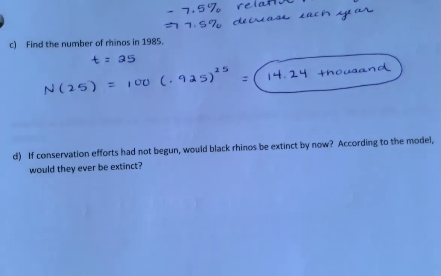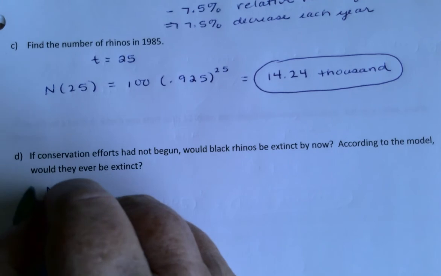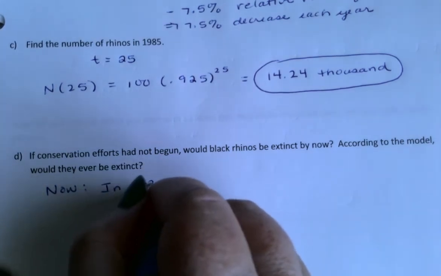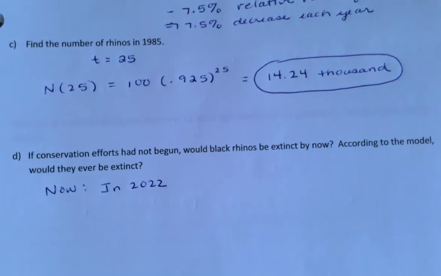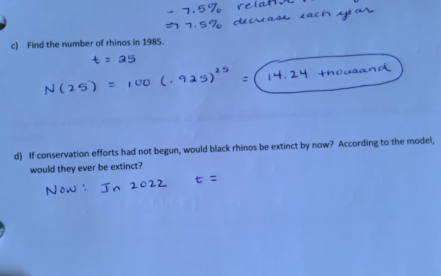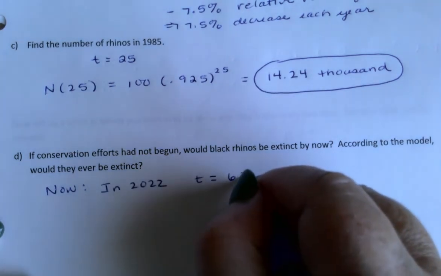All right, and the last one: if conservation efforts had not begun, would black rhinos actually be extinct by now? So in other words, if my function n continued to be valid because nothing was done to change the situation, would we be down to no rhinos at this point? Well, let's see. I'm making this video in 2022, so if you're watching it later, we're doing this for 2022. In 2022, our t value would be what, 62 years after 1960?